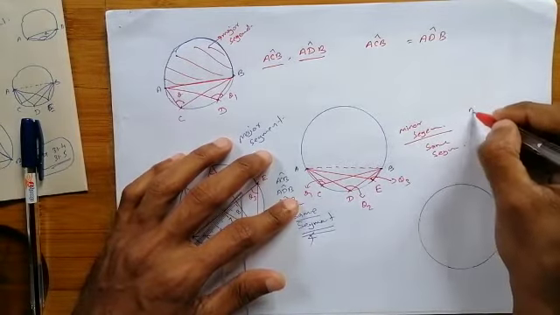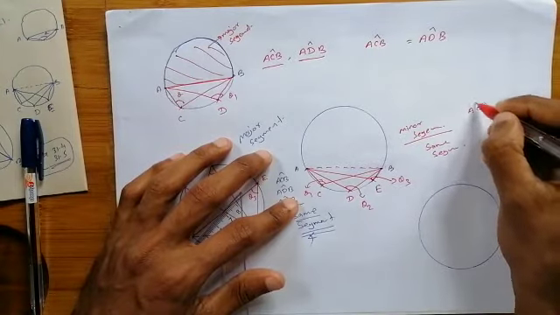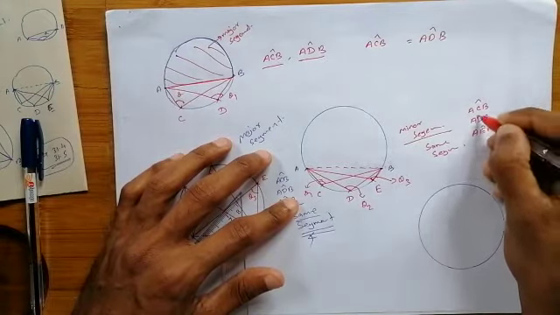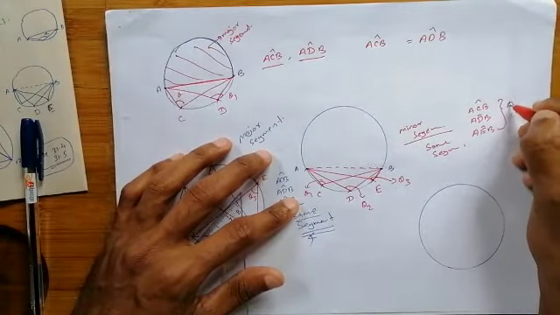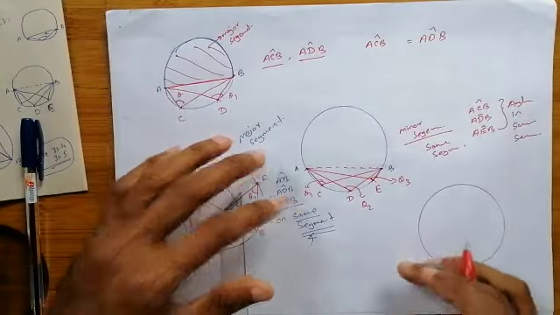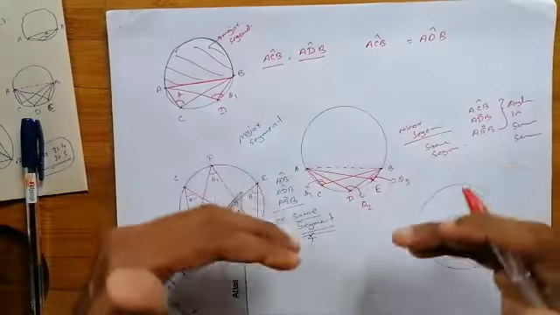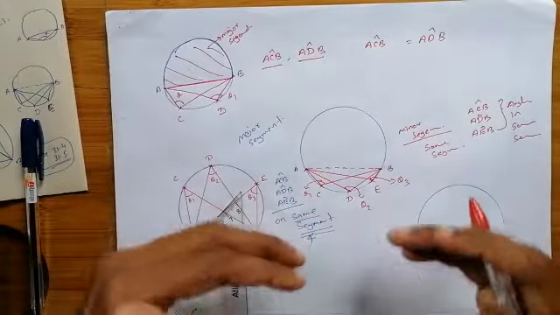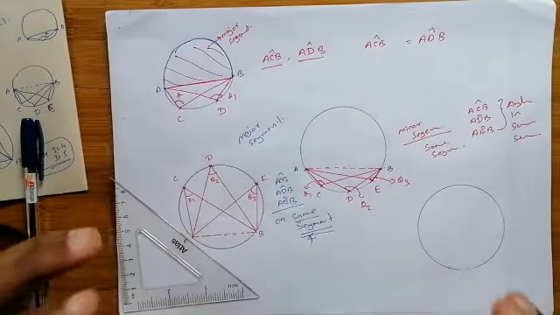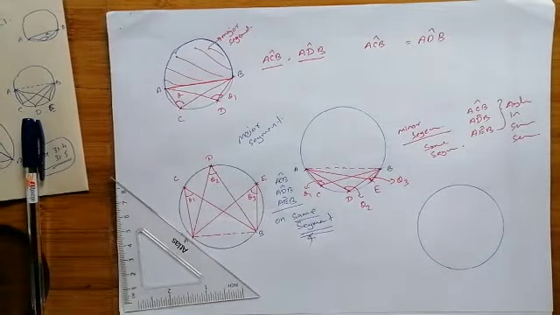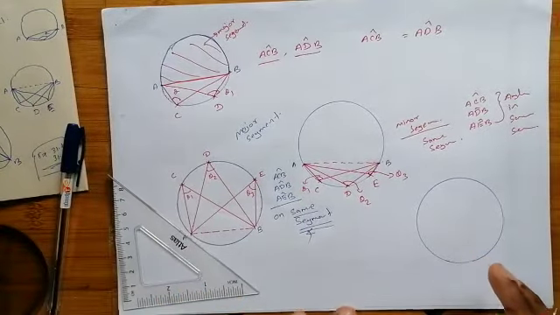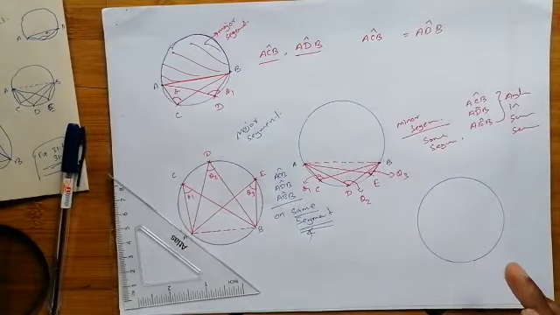So that's what we call ACB, ADB and AEB angles in the same segment, because those angles are on the same side of AB on the minor segment. So you can now identify the angles in the same segment. The theorem is that all the angles in the same segment are equal.